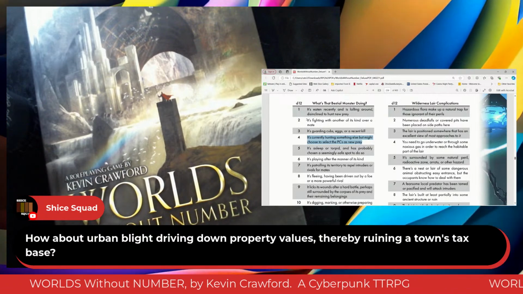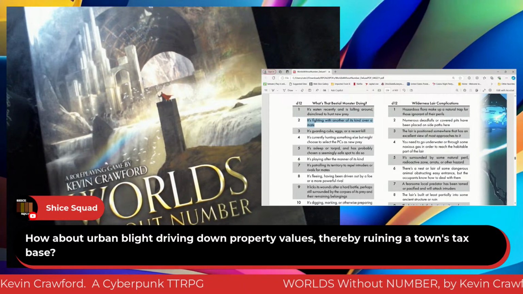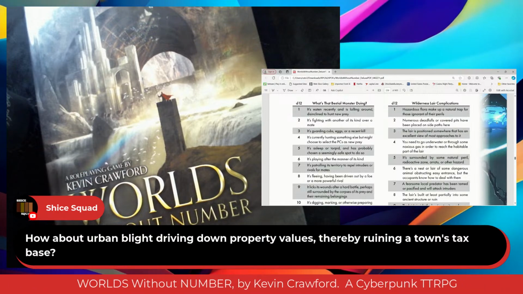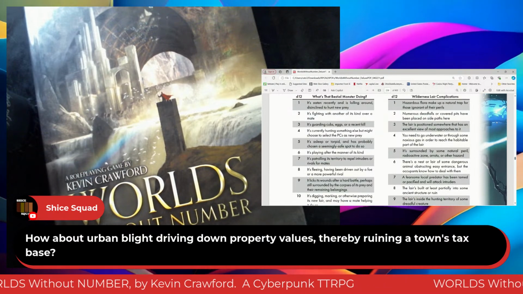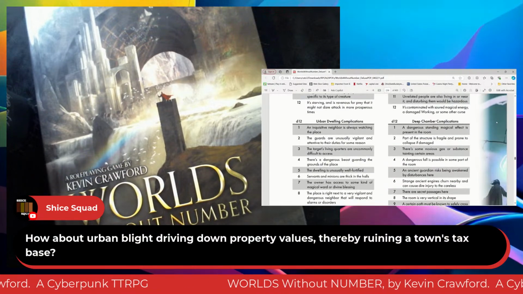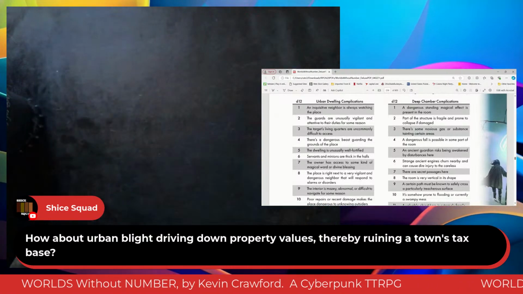Yeah, it's fighting another of its kind over a mate is very common as well. It's mating season. That's why the boulets are coming up out of the ground and charging towards each other or whatever. Wilderness lair complications, deep chamber complications, urban dwelling complications.